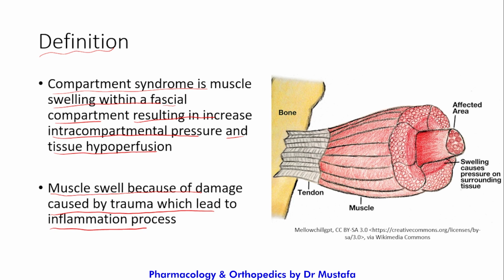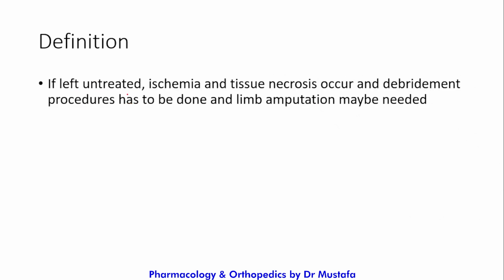Now here we have a drawing of a muscle, and as we can see here, this is a swollen muscle because of the trauma that occurred to the muscle, and it would cause a pressure on the surrounding tissue. And if the compartment syndrome is left untreated, ischemia and tissue necrosis occur, debridement procedures have to be done, and limb amputation may be needed.